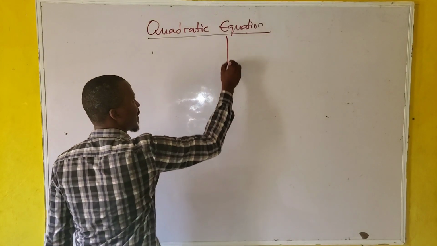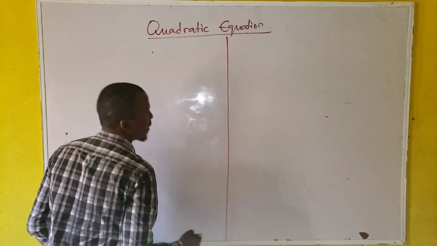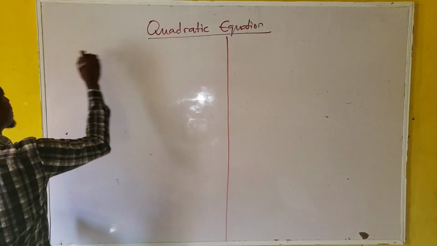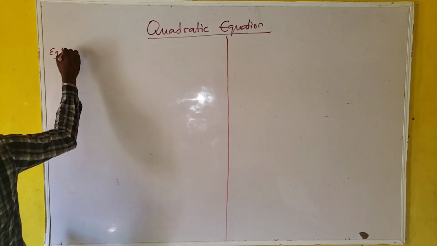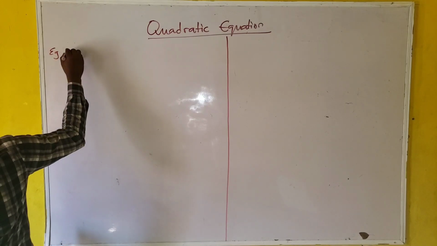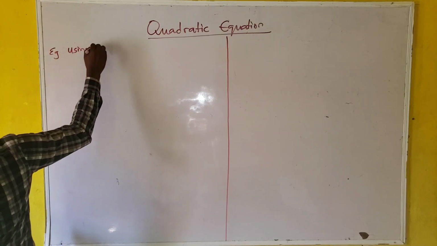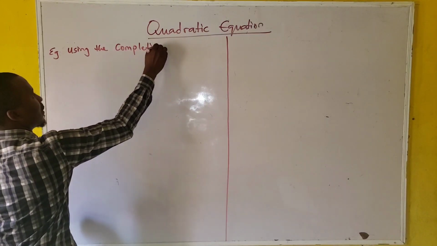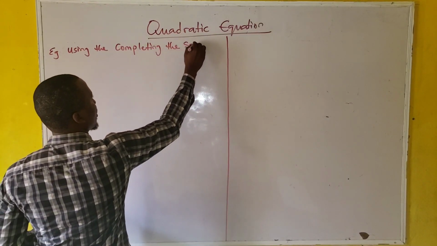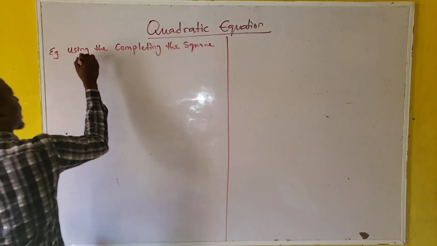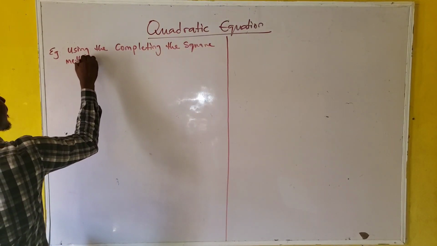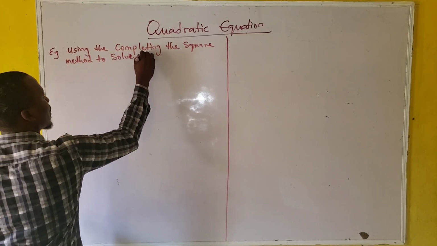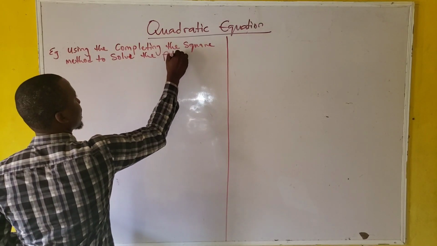Okay, let's divide our board into two. Let's write: example, using the completing the square method to solve the following.